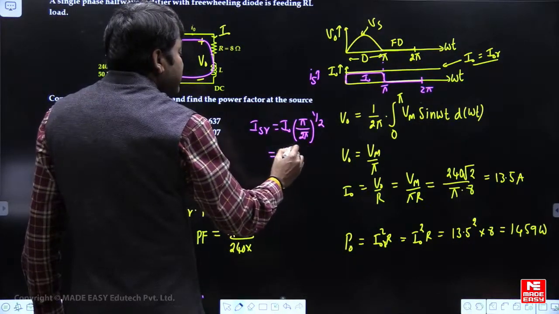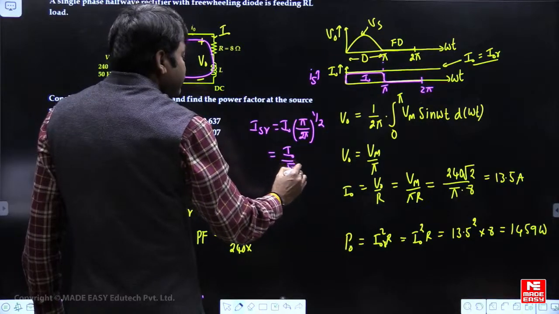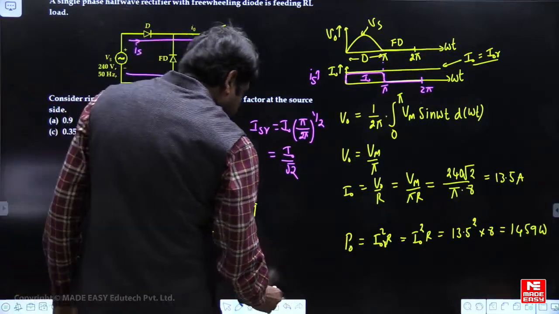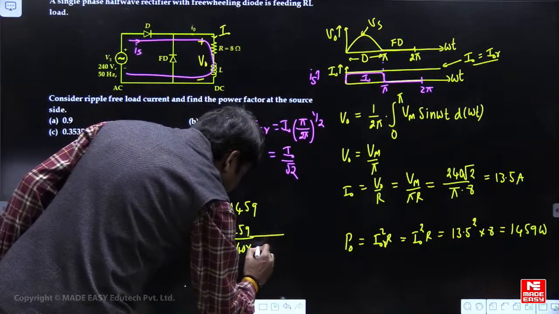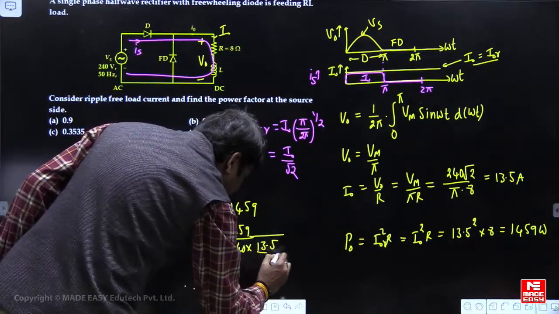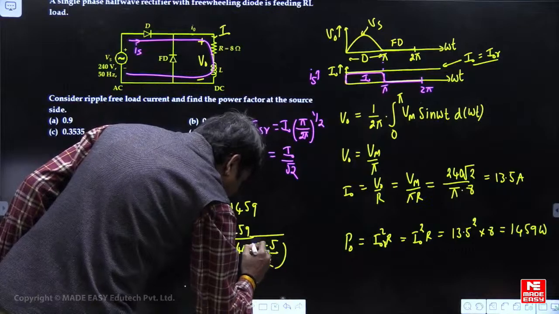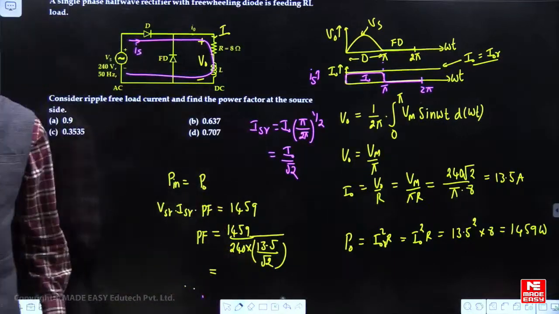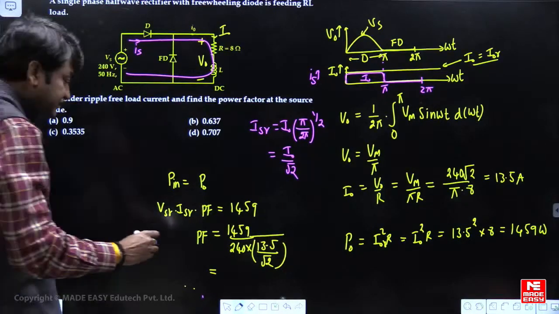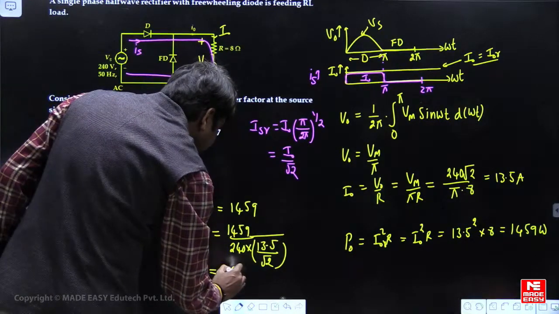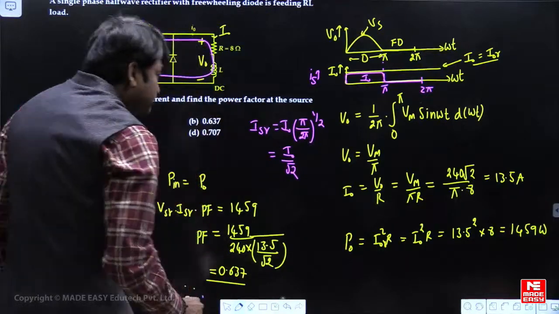That is nothing but I naught by square root of 2. What is I naught? 13.5 by square root of 2 is the supply RMS current. Just calculate this value: 0.637. So that is the answer.